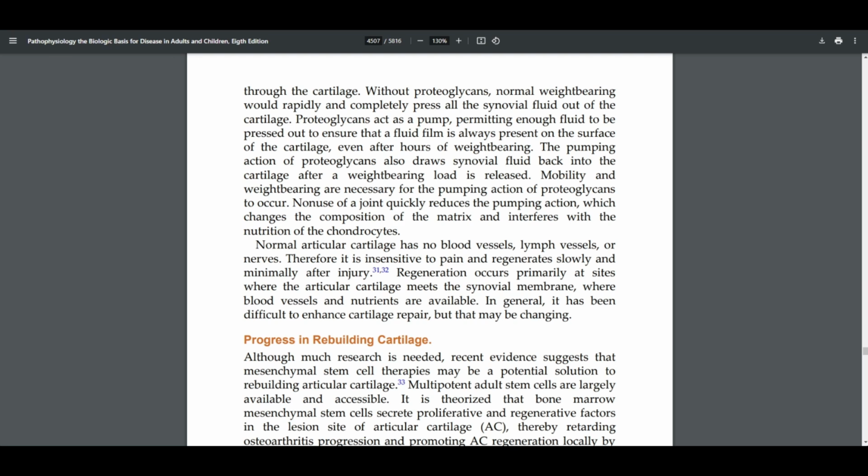Therefore, it is insensitive to pain and regenerates slowly and minimally after an injury. Regeneration occurs primarily at sites where the articular cartilage meets the synovial membrane, where blood vessels and nutrients are available. In general, it has been difficult to enhance cartilage repair, but that may be changing.